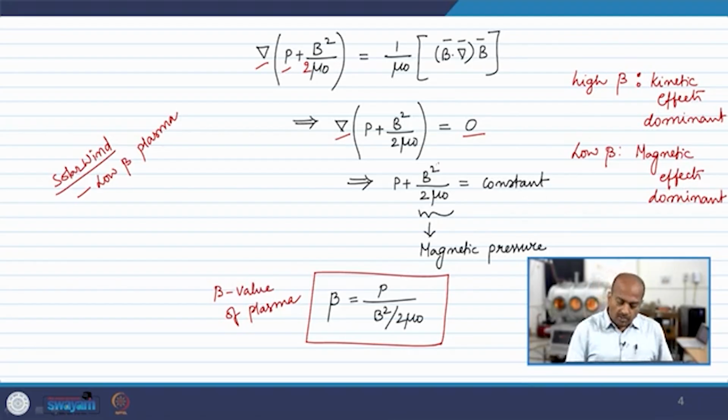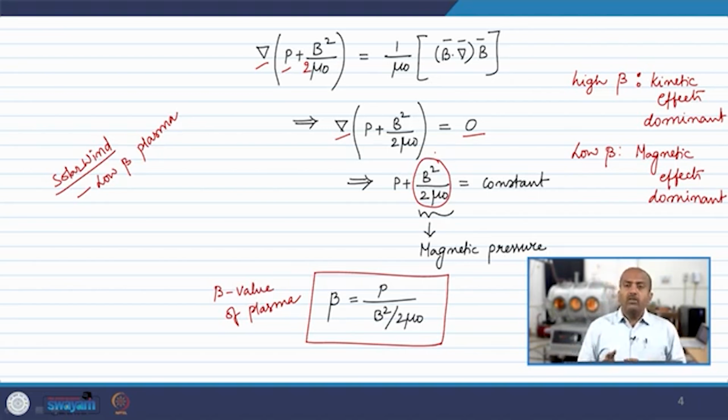We started calling this quantity B squared by 2 mu naught the magnetic pressure. Since plasma demonstrates kinetic effects as well as magnetic effects, in order to characterize the plasma, we can define a ratio of kinetic pressure to magnetic pressure and call it the beta value of the plasma.